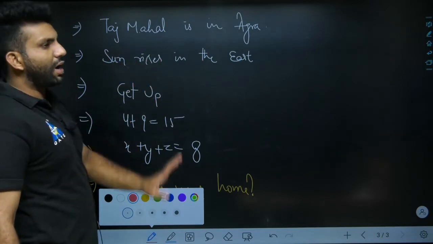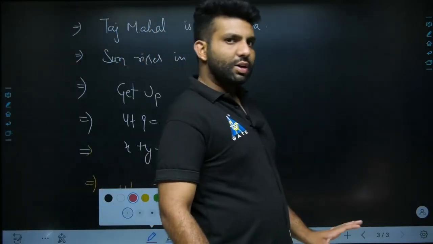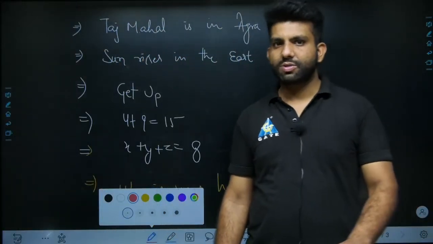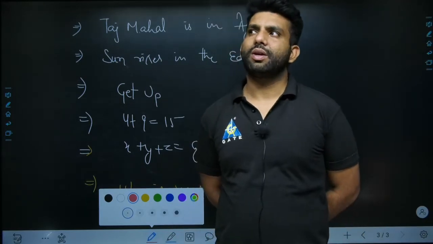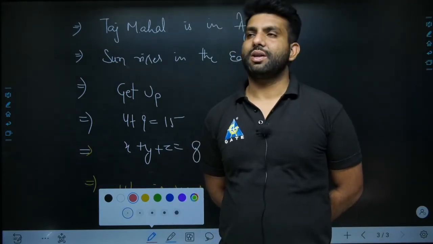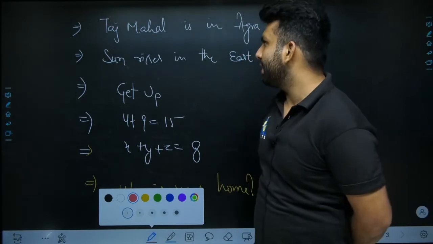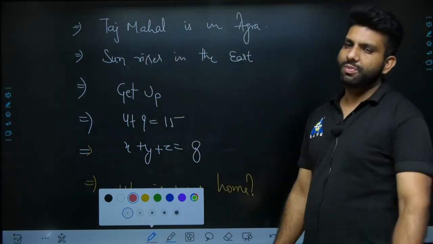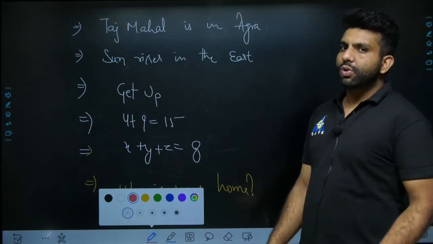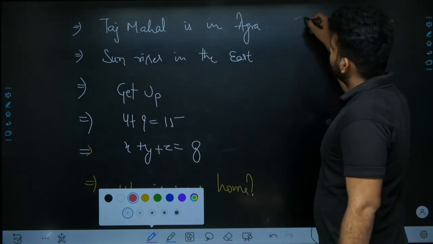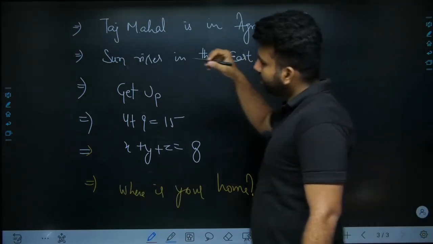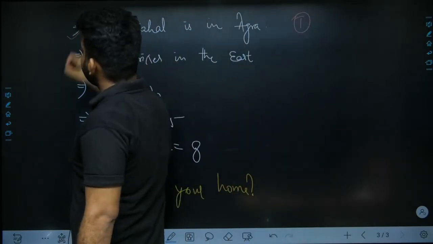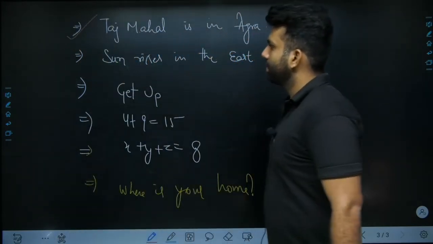Taj Mahal is in Agra. It is being told to me that it's a fact. We know that. It's a declarative statement. It is declaring that Taj Mahal is in Agra. Its value is true or false? The value is true. It's a proposition.